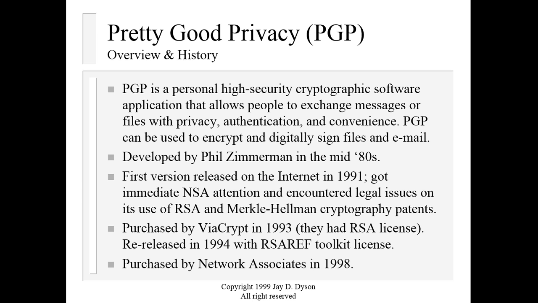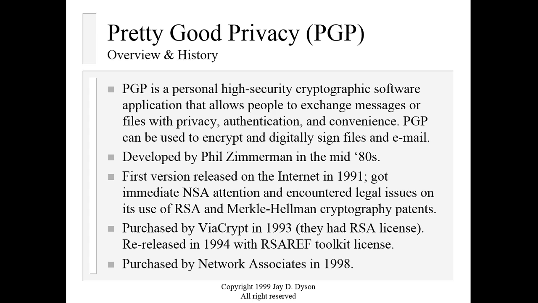So he kind of tried to flex some muscles that he didn't really have. So then in 1993, after all that, he chose to sell it to ViaCrypt. ViaCrypt then, they already had an RSA license, so that took care of the legal ramifications. However, they re-released it in 1994 as RSAREF, and it was a toolkit.